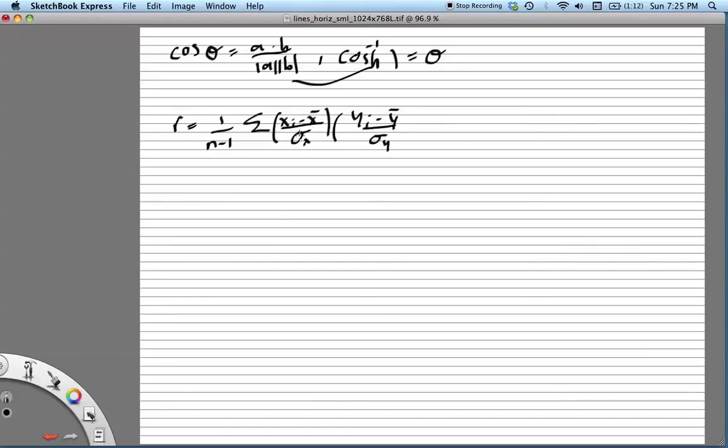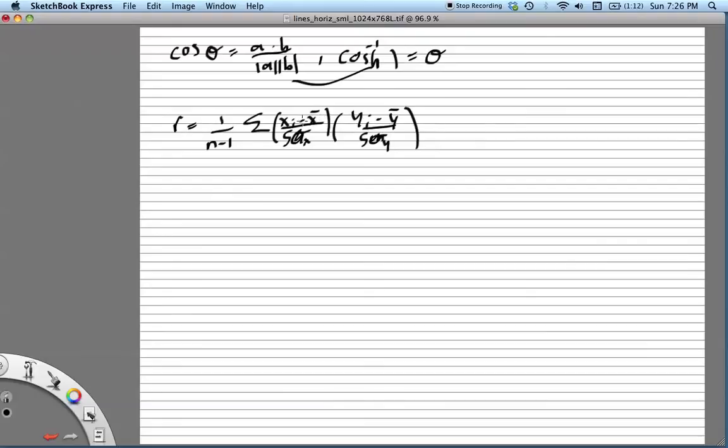Oh, sorry, I should make those sample, not population. Okay, so this is our formula for the correlation coefficient, and a lot of the time you get this sort of thing thrown at you, and it's like, where does this thing come from?